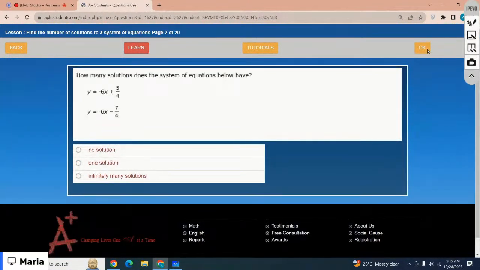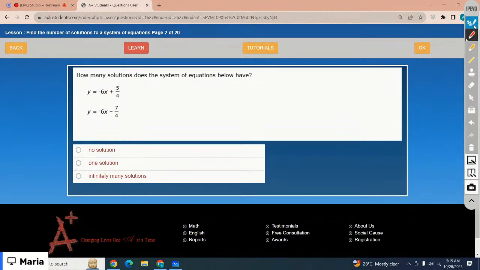How many solutions does the system of equations below have? Okay, let's just compare both the equations, right? The equation is y equals mx plus b. This is the slope. So for this one, the slope is negative 6. For this one, the slope is negative 6, right? So the slope of both the equations is same, but their y-intercept is different. This is slope and this is y-intercept. So their y-intercepts are different.